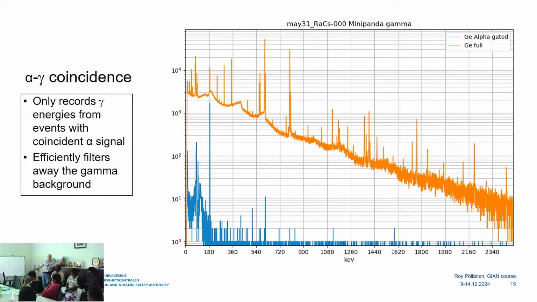So alpha detector can detect also those. And I think this is the reason why there is larger amount of counts.